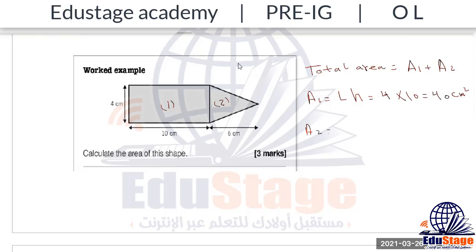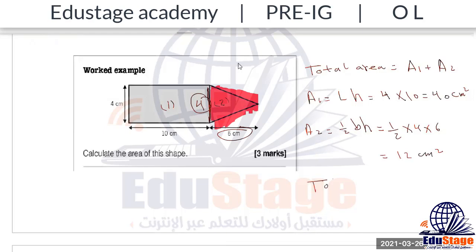And A2 is a triangle, so the area of that triangle equals half B times H. Here, B is 4 and the height is 6, so half times 4 times 6 equals half of 4, which is 2, times 6, which is 12 square centimeters. Then the total area equals 40 plus 12: 4 times 10 is 40, and 4 times 6 divided by 2 equals 12.